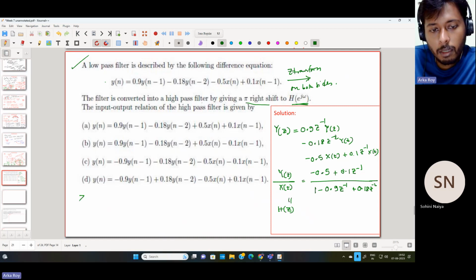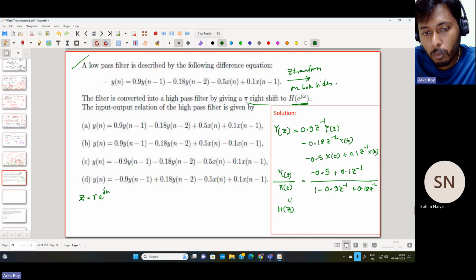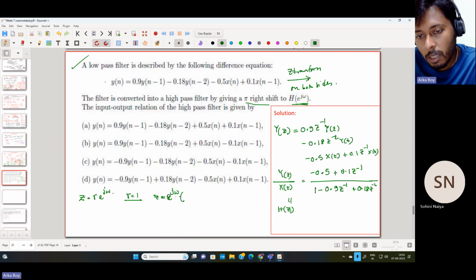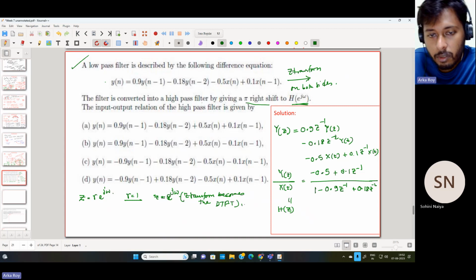So if I write z equals r e^jω, and we have seen that when r equals 1, z is equal to only e^jω. So at that time, the z transform becomes the DTFT, or discrete time Fourier transform.